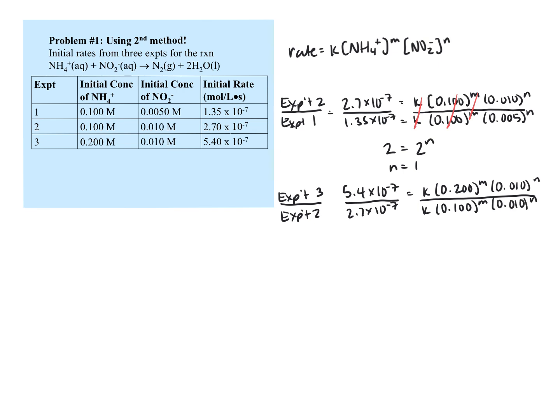And then this time, the K's will cancel out, and this part will cancel, leaving you with 2 equals 2 to the m power, m equals 1.